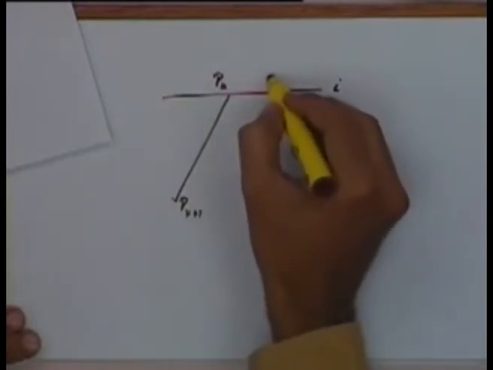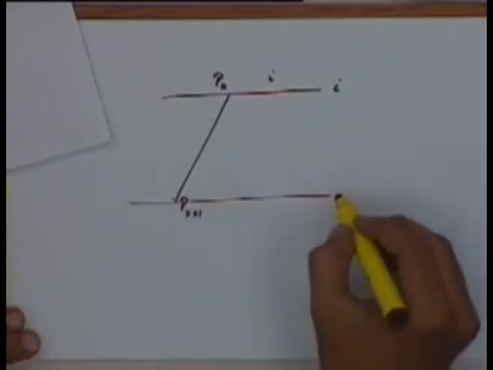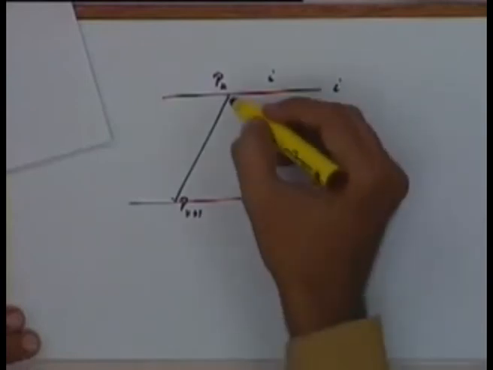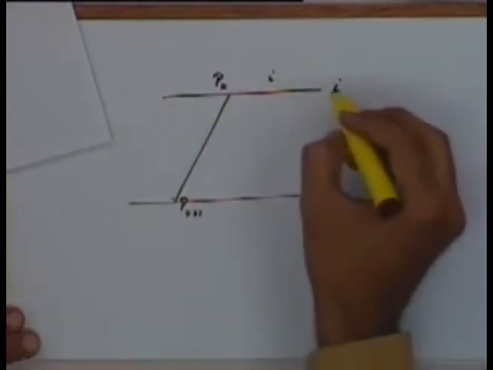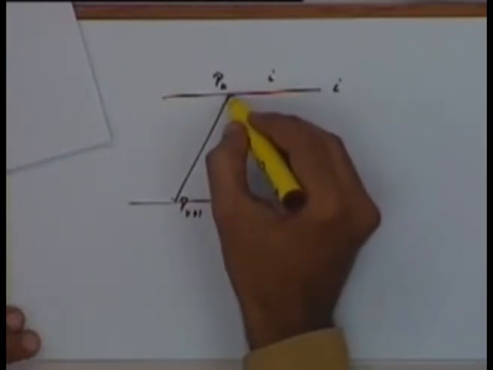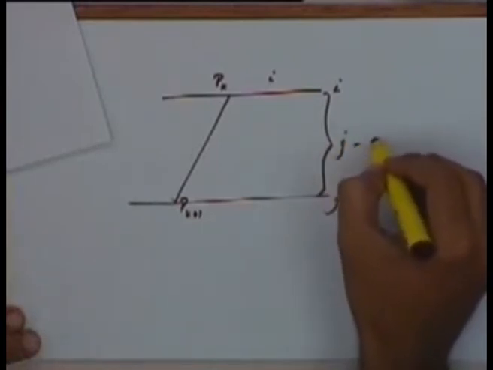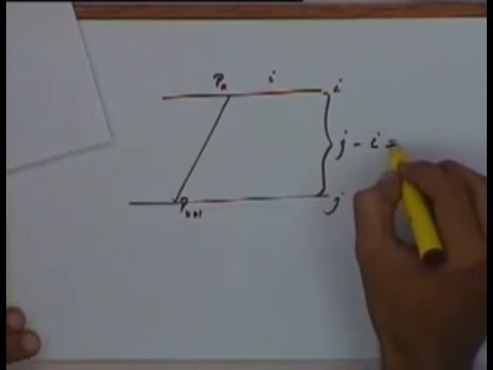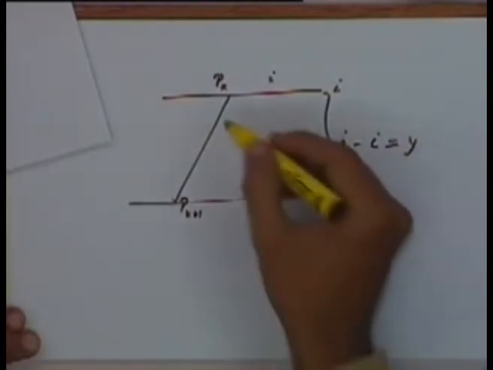The y coordinate of this point is I, and the y coordinate of this point is, let us say, j. Okay. So, the moment this edge starts at this point, the number of scan lines remaining would be these many, which is j minus I. So, this would be the value of y, that is the number of scan lines remaining for this edge.